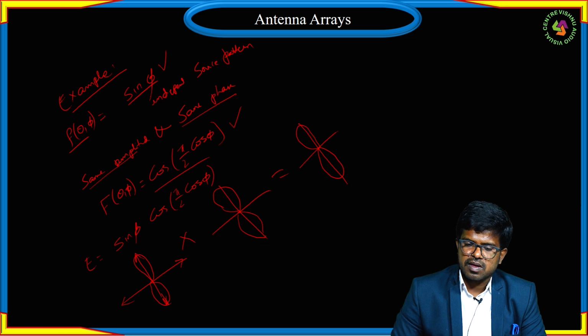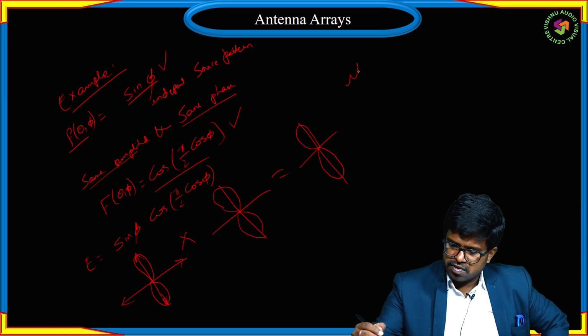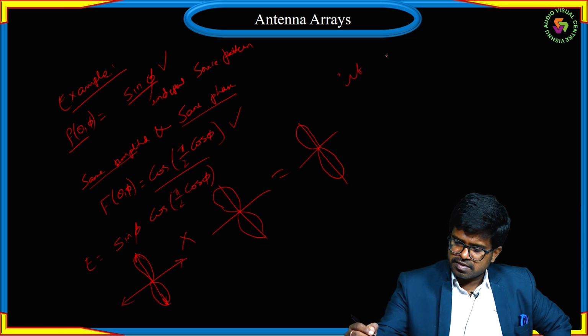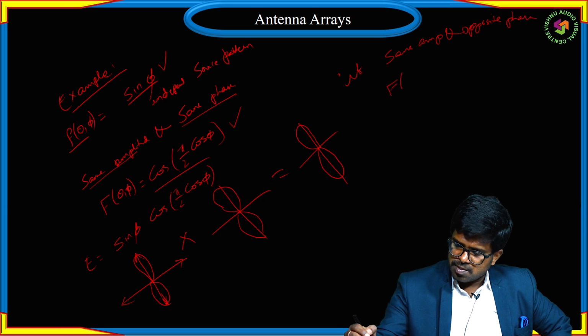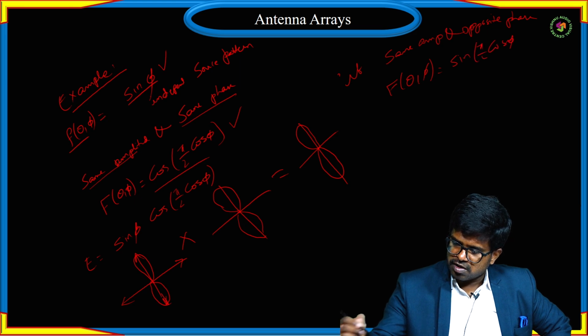Okay, now if they are arranged with same amplitude and opposite phase, then f of theta comma pi will change. F of theta comma pi will come as sin of psi by 2 cos pi.